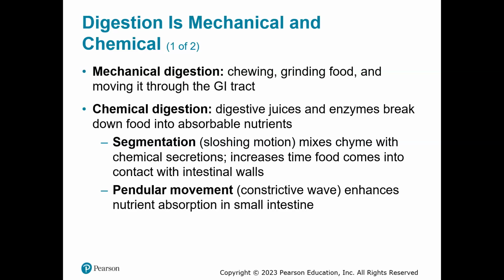It sloshes the fluid and the nutrient contents back and forth in the stomach and in the small intestine in order to mix them together with the enzymes and the digestive juices. And it ensures that a lot of those nutrients come in contact with multiple parts of the wall of the small intestine so that we are better able to break down the nutrients and to absorb them more efficiently.